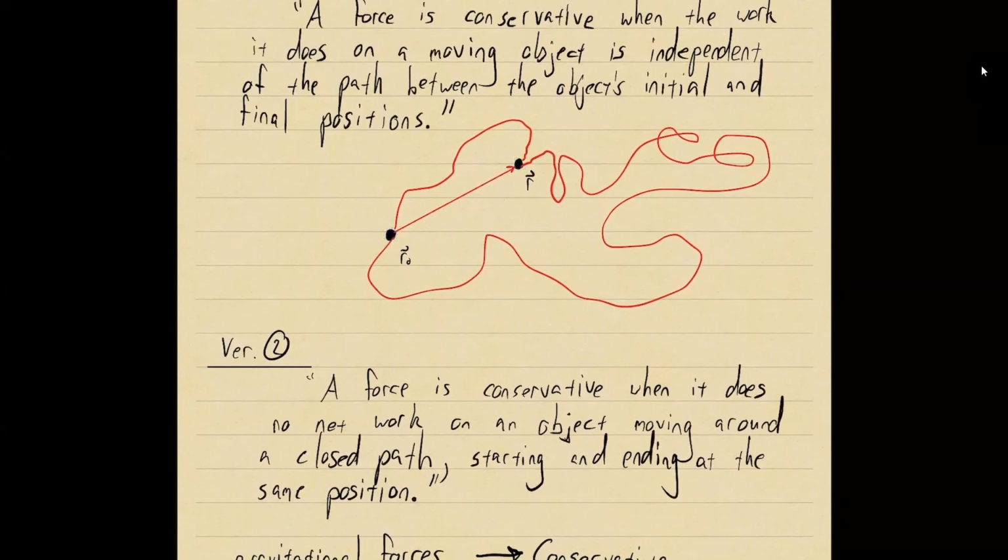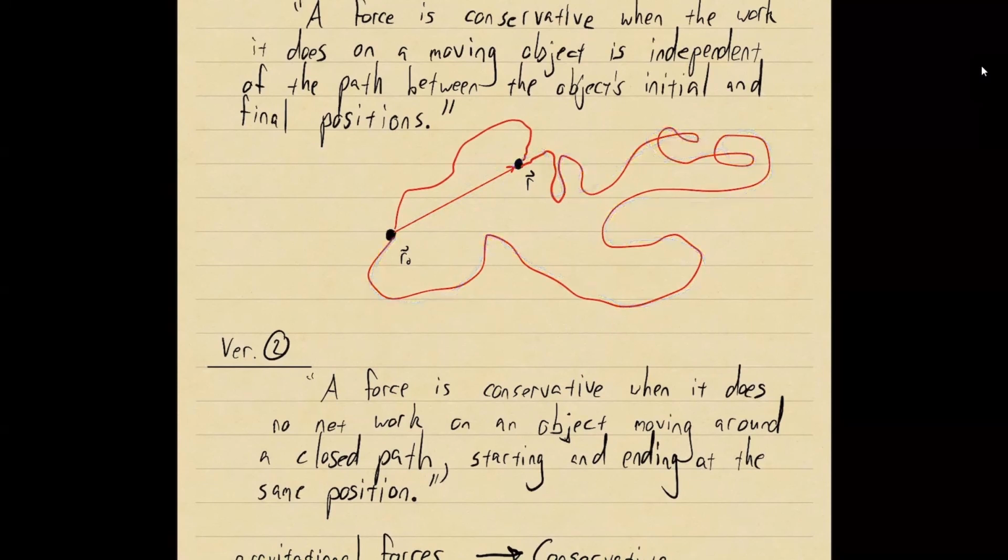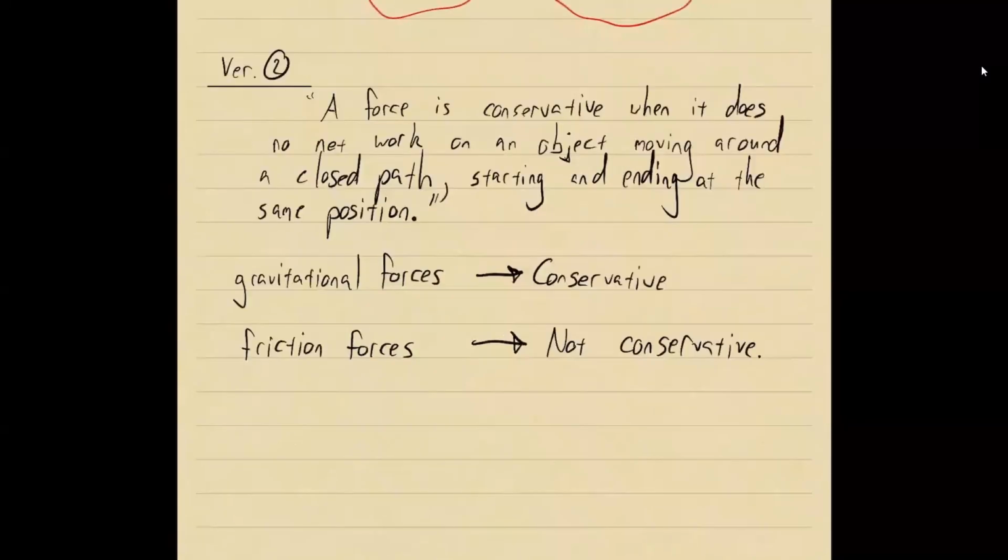If we move the box from here to here, the friction force is doing some work the entire way. And likewise, if we go around a longer path, then the friction force is doing work along that whole path. And so it's going to do more net work the longer that path is. So by definition, this is not a conservative force.